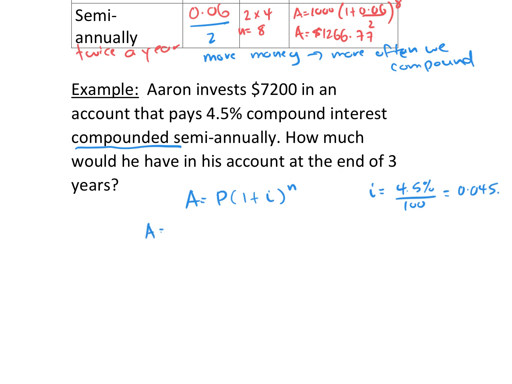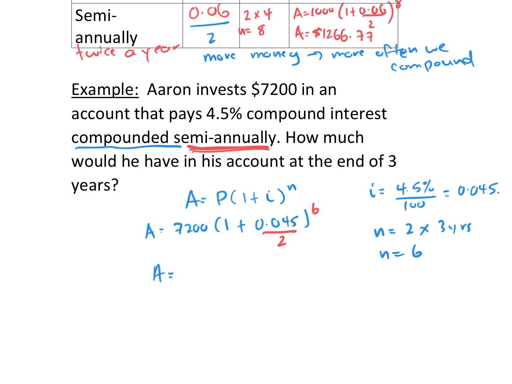So we're starting with $7,200. 1 plus the interest rate, 0.045. We are compounding semi-annually, so we're going to divide that by 2. We are compounding twice a year for 3 years, so n is going to be 6. We're going to get compound interest 6 times.